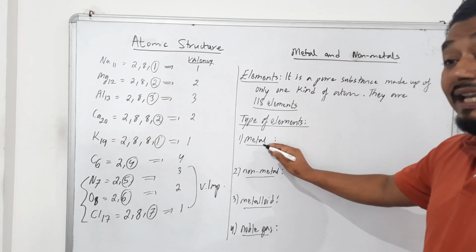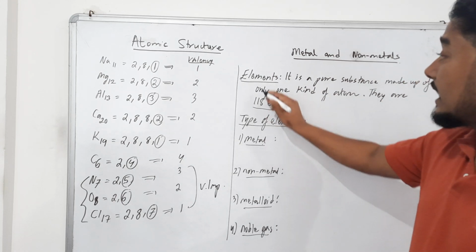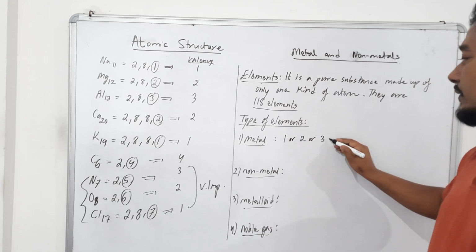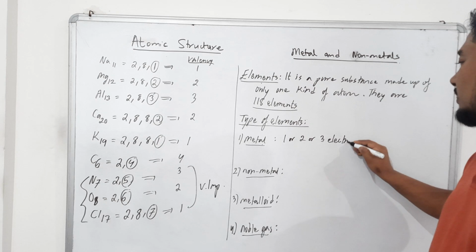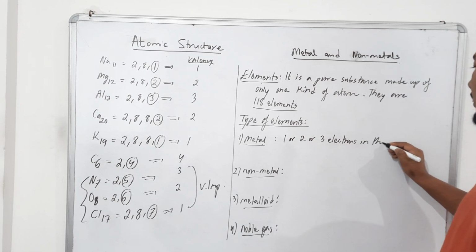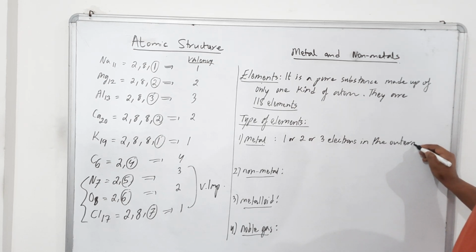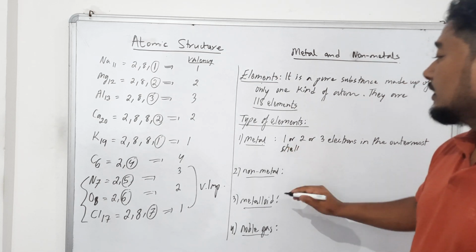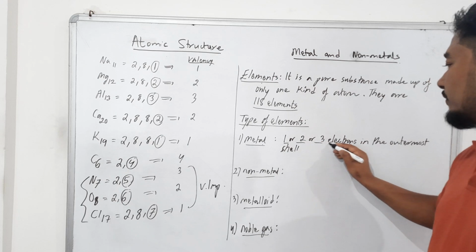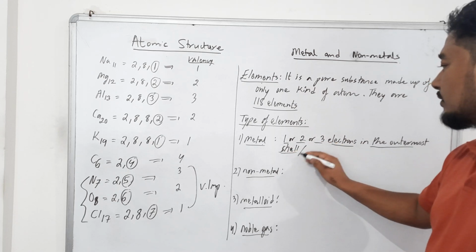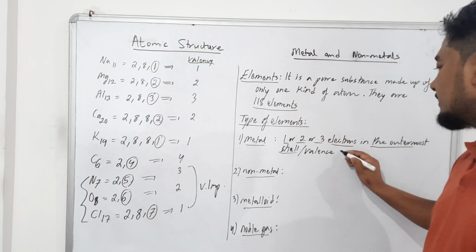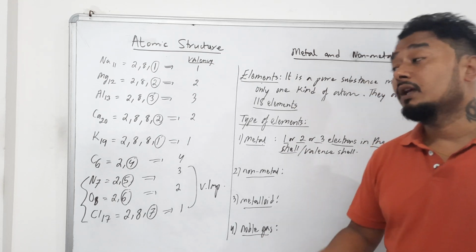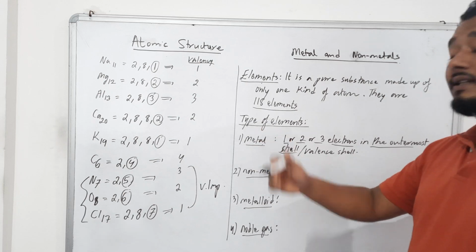These are those elements which either have 1 or 2 or 3 electrons in the outermost shell. Students, those who have 1 or 2 or 3 electrons in the outermost shell, also known by the name valence shell, are referred to as metal.